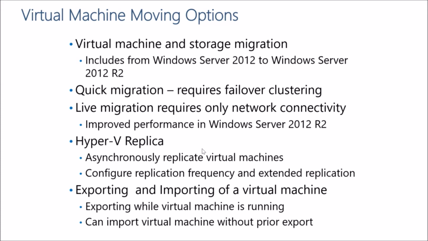Live migration requires only network connectivity. It has improved performance in Server 2012 R2 and obviously 2016. With live migration, the virtual machine is running on, let's say, Hyper-V1. It continues to run on Hyper-V1, but you're going to transfer the execution to Hyper-V2.